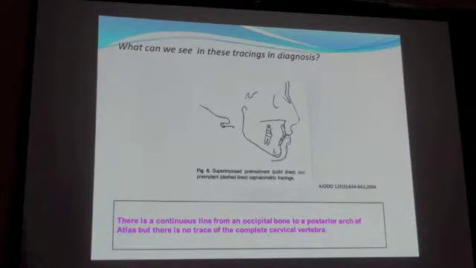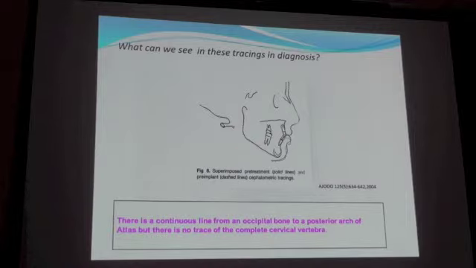So this is also a board case, from 2004. Can you see it? There is a continuous line from the occipital bone to the posterior arch of the atlas. Here's a continuous line, but there is no trace of the complete cervical vertebra.